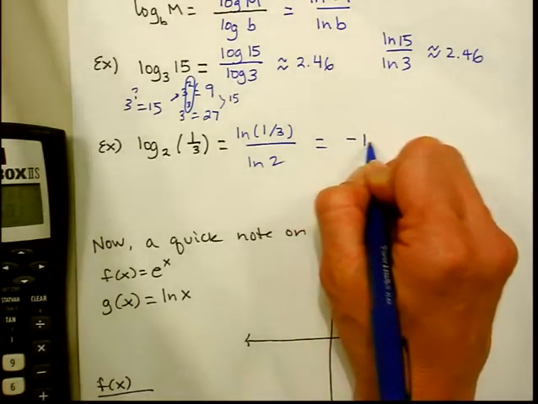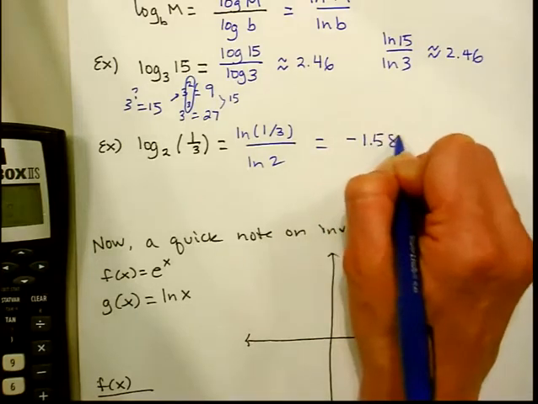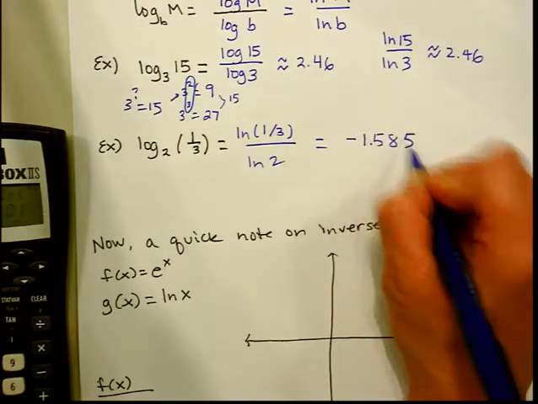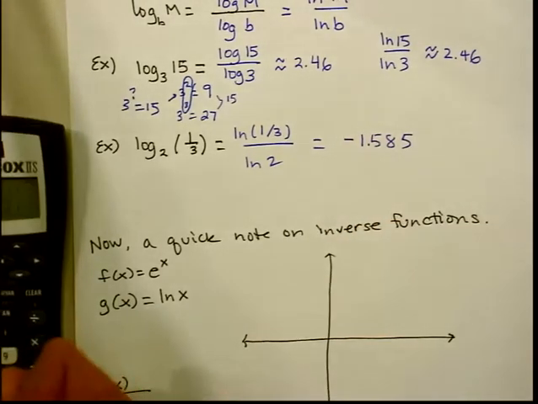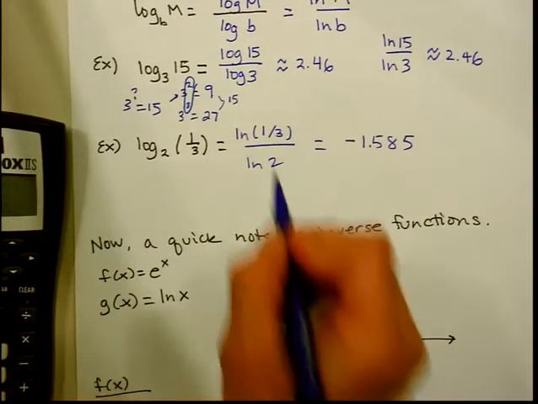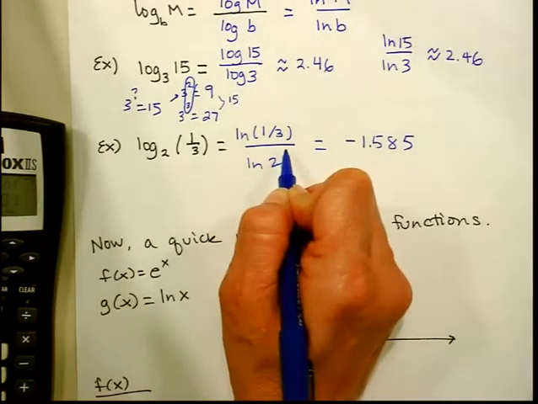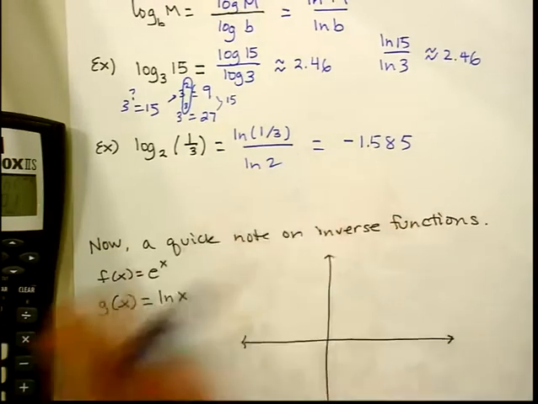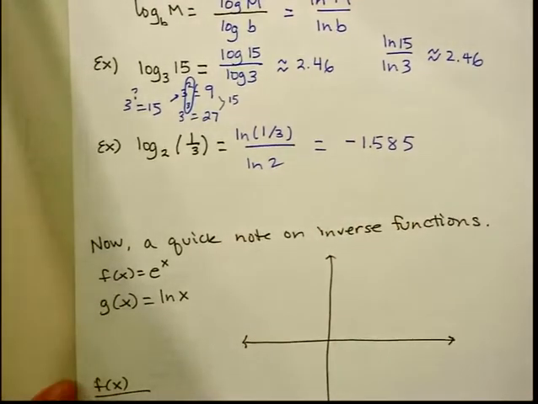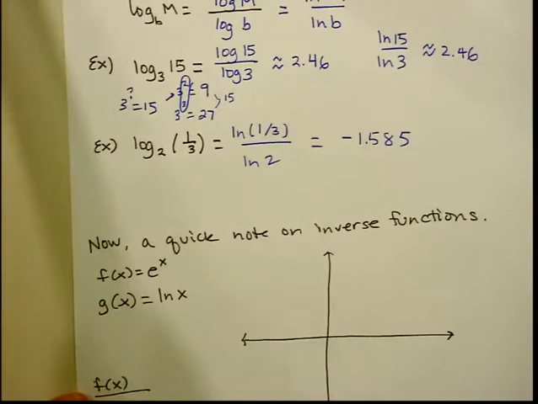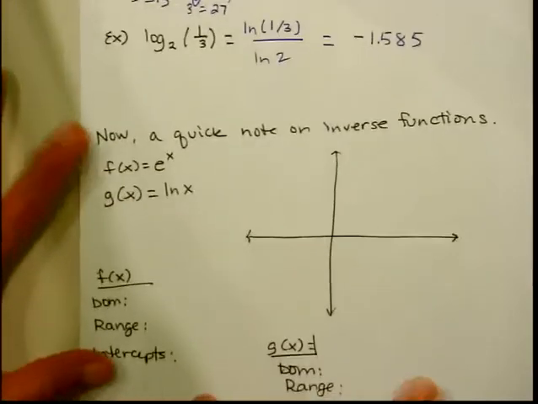Oh, negative. Interesting. Negative 1.585. Everybody get that? If you didn't, make sure you closed off your natural log of 1/3 and then do your division and then natural log of 2. Okay. If you did common logs, that should be fine. You should get the same number out.